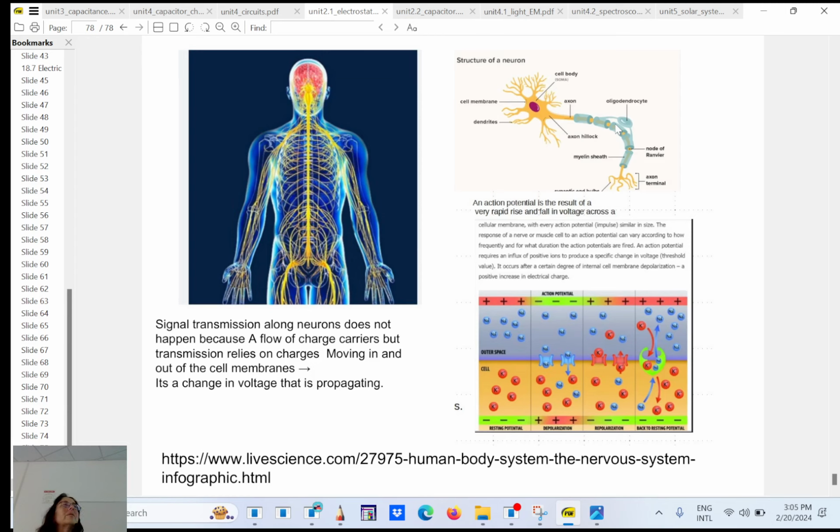Do you know the name? I forgot the name. What's the disease when you don't have enough layer here? This is called myelin, that goes around the neuron. And if that layer does not protect, it's not insulating enough, so the signal can leak out.